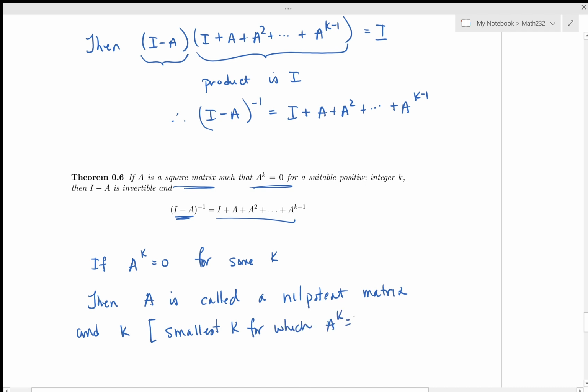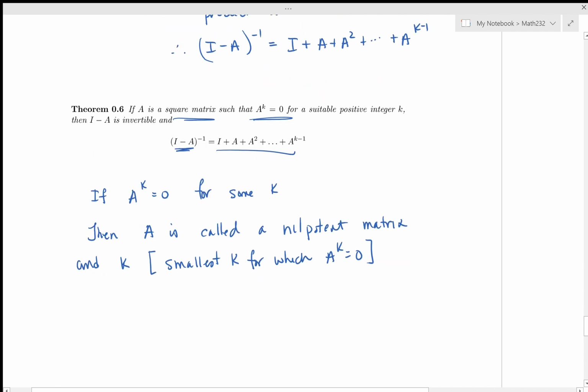So you find the smallest value of k for which A to the k is equal to 0, and under that condition, k is called the index of nilpotency.